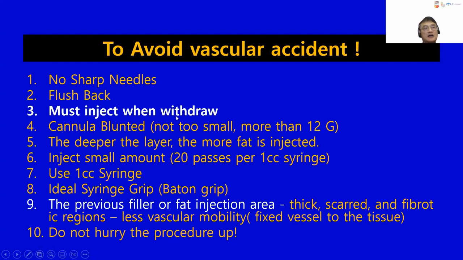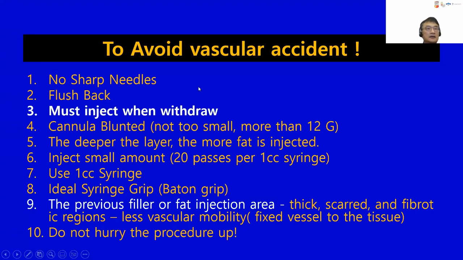The deeper the layer, the more fat is injected. Use a small amount, at least 10 to 20 passes per 1 cc syringe. A 1 cc syringe is better than a larger one, and you should use an ideal syringe grip.